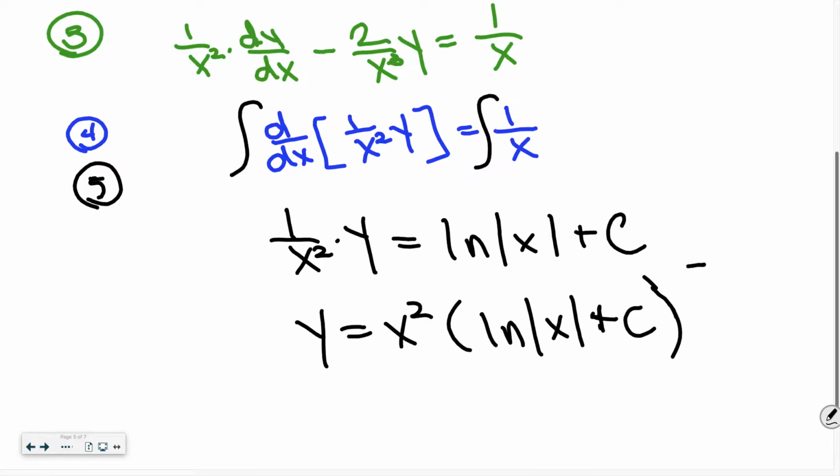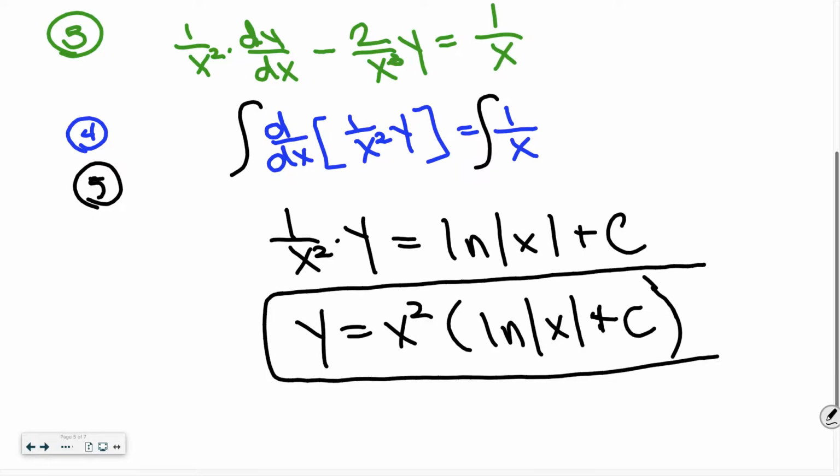We've solved for y. We've done our work. Then x squared is being multiplied to c. x squared is not a constant, so we can't take a shortcut there. You can multiply x squared through, but that's just more work. You can leave it like this. What do you think?